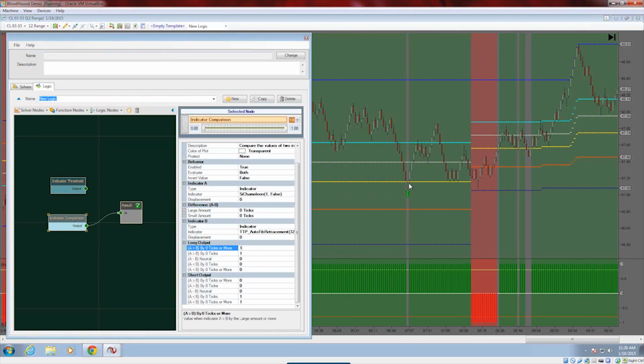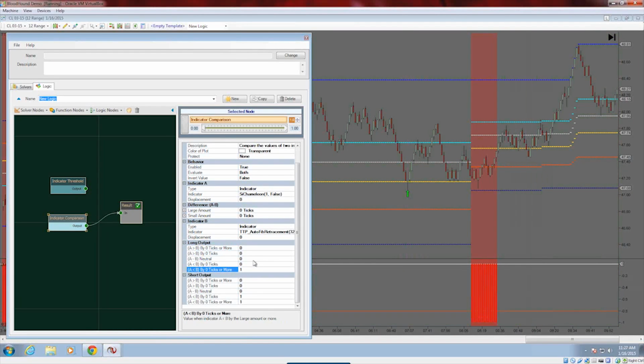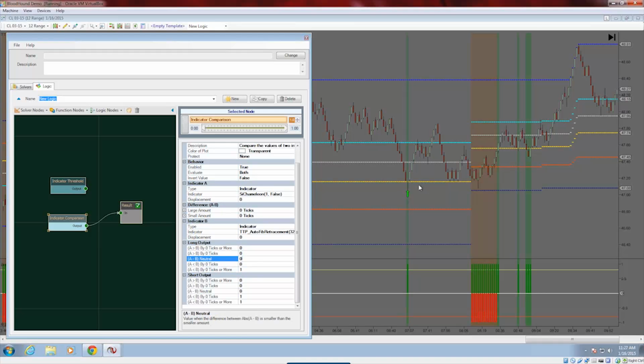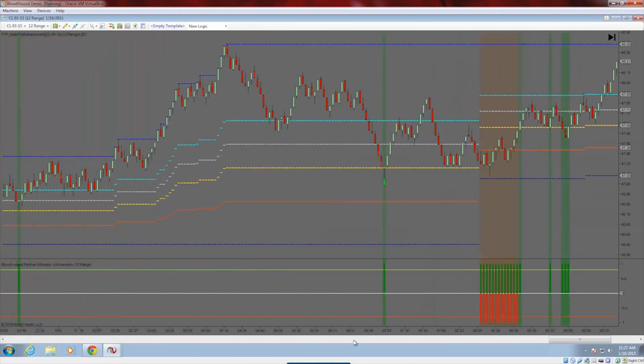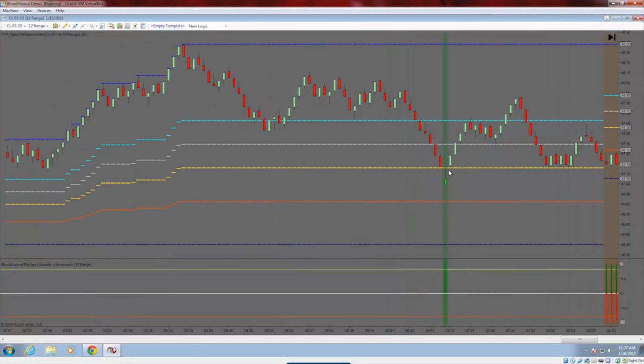I want to show when the low is below the 61.8 for a long. So that means A less than B. So I need to change these to 0 and then change this one to 1. And now it's identifying that bar right there where the low is below the 61.8% line.